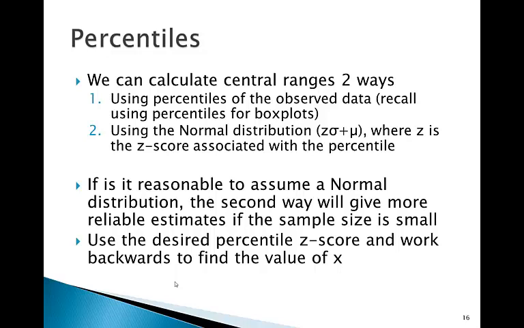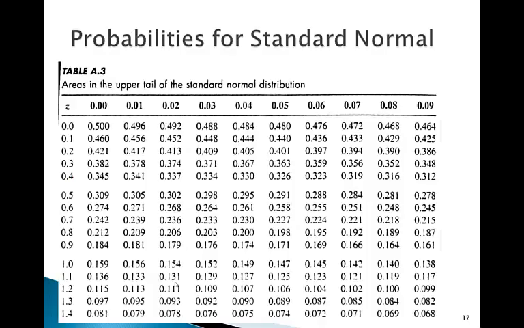How we do this is we find the z-score of the desired percentile and work backwards to find our value of x. For example, if we wanted to find the 80th percentile, that means 80% of the data values are below that number, 20% are above.